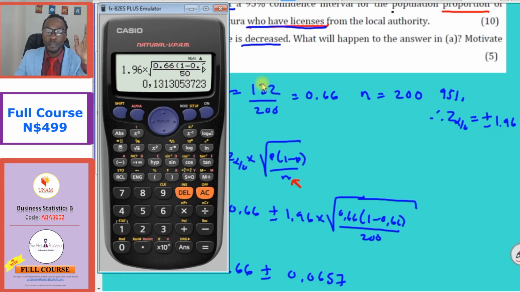So, if you don't understand, we can just summarize what happens to the sample size. How does it affect your interval? That's basically what the question is asking us to do. How does sample size affect your interval? So your answer is always, is it going to make it wider or is it going to make it narrower? So like in this case, when we decrease your sample size, it's going to make it wider.